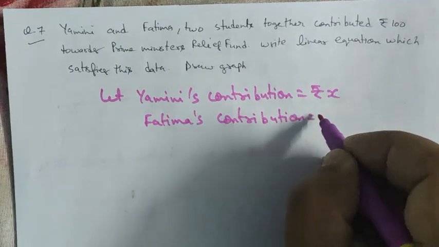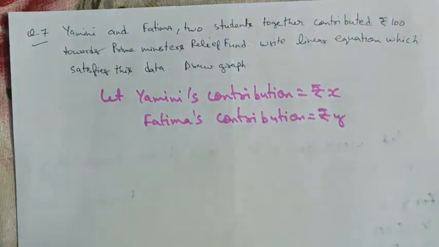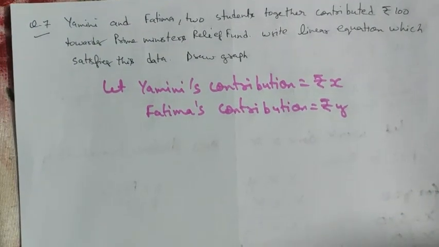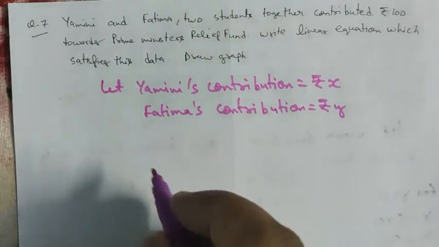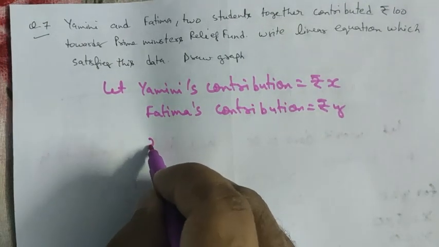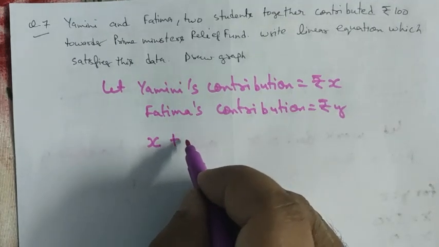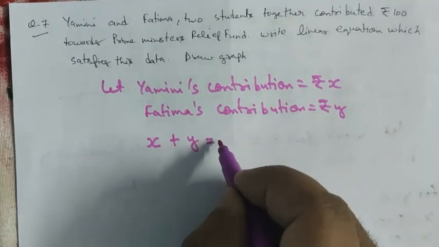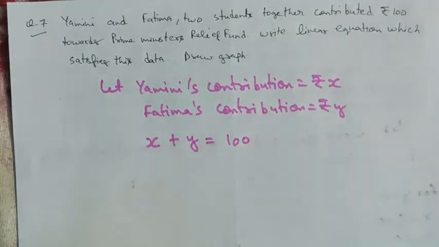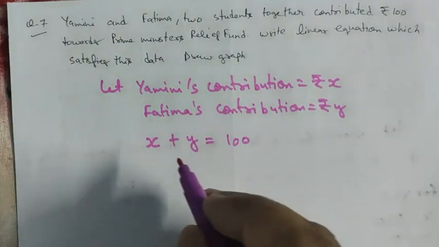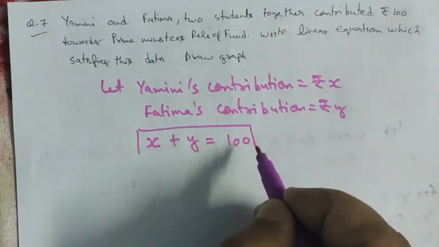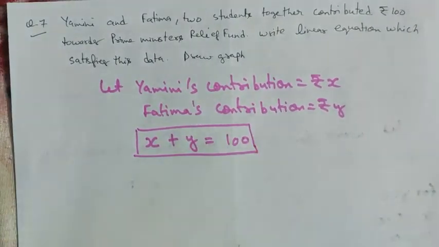Okay, and Yamini and Fatima together contributed rupees 100. That means the contribution of Yamini, that is x, plus the contribution of Fatima, that is rupees y, equals rupees 100. This will be the equation. So it is given that write the linear equation which satisfies the data. So first we have formed the linear equation in 2 variables.